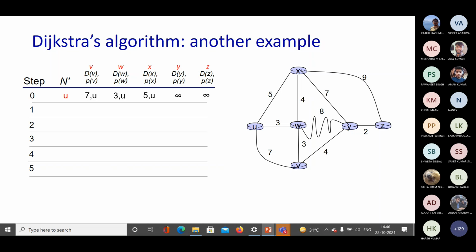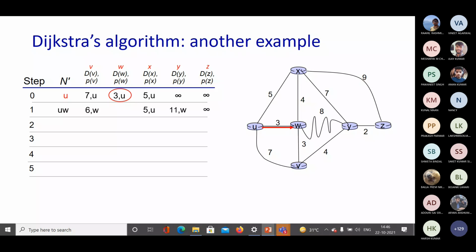Then for X, it stays the same. Why? Because if you go from U to W to X, the cost is 7, which is higher than 5. Then for Y, 11 comma W.